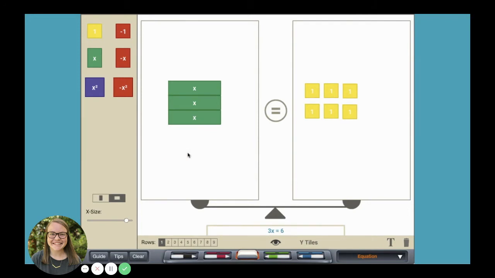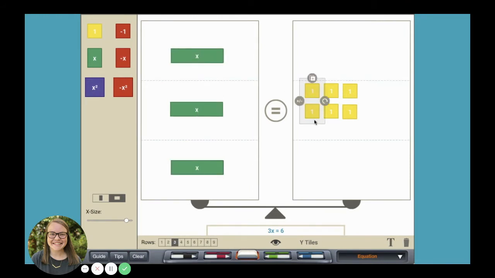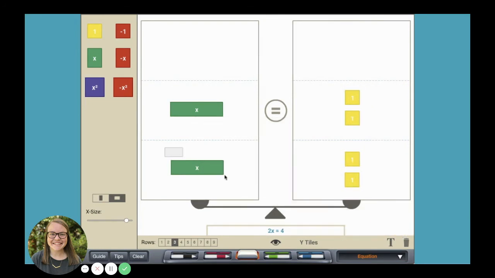To isolate x from the equation, 3x equals 6, divide each side into 3 rows and distribute the tiles equally. With an x isolated on each row, there are 2 positive tiles on each side opposite the variable. So x equals 2 is a solution to the equation 3x plus 2 equals 8.